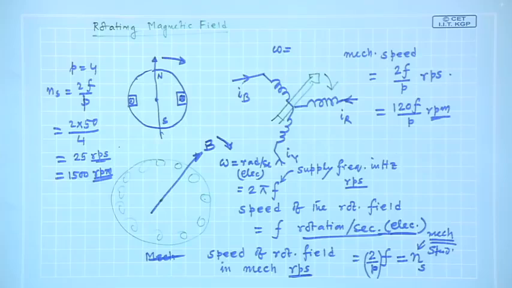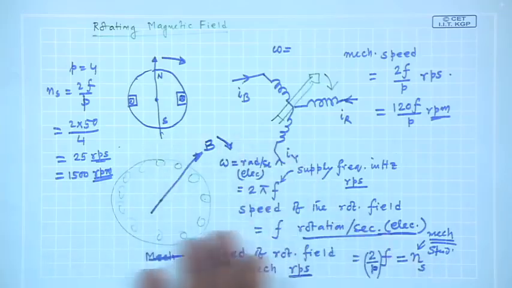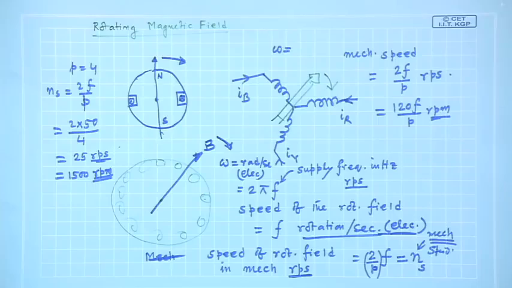So, when we talk about that something is moving or rotating, as I told you, two things are important: direction we know, and what is the magnitude of the speed, that is 1500 RPM or whatever it is. Another important thing is that we must follow here. Suppose we say the speed of a car is 60 kilometer per hour. We of course don't go on telling that it is with respect to a stationary observer.